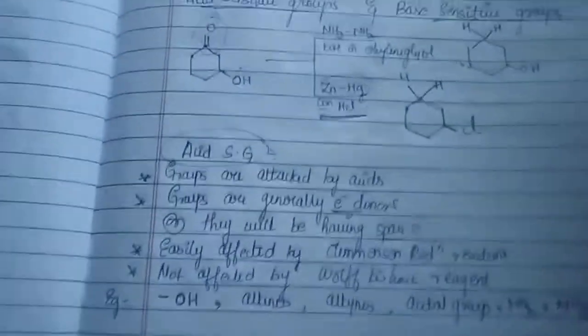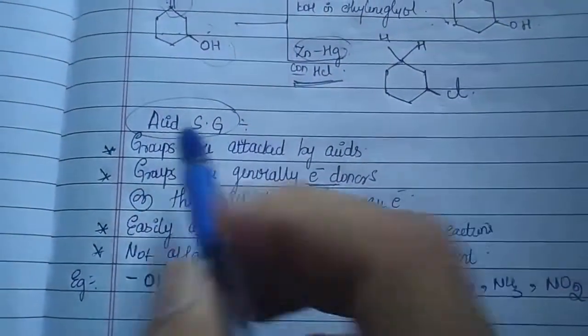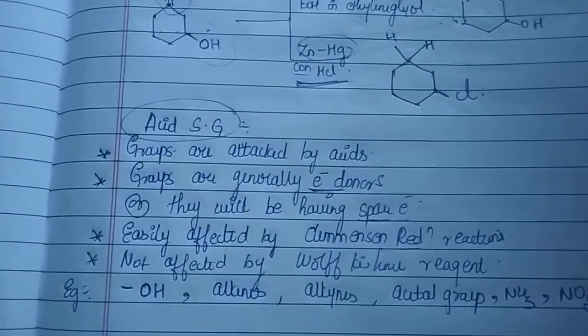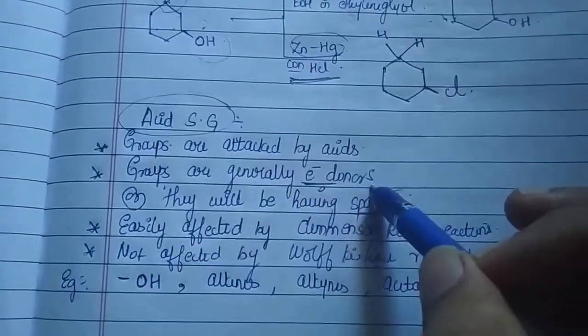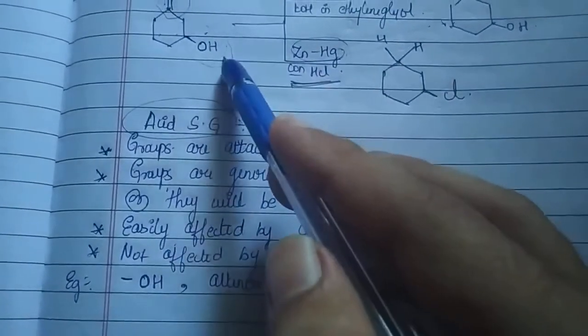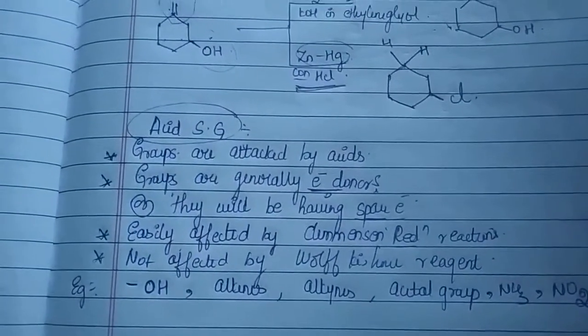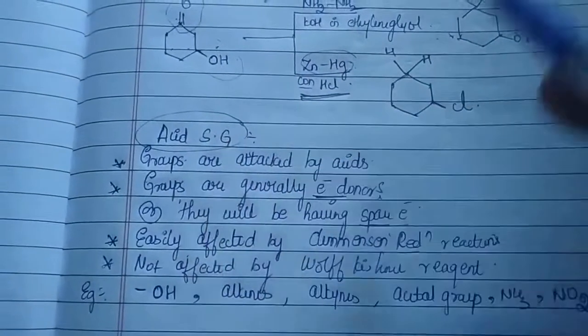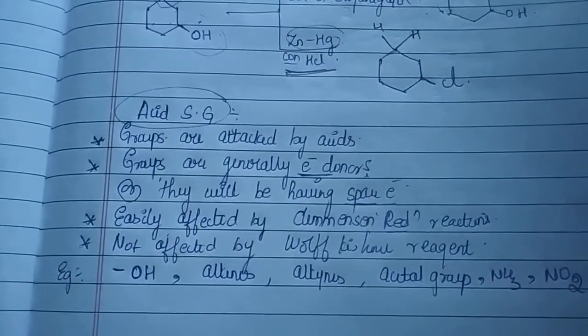So what we came to know is that acid sensitive groups are the groups which are easily attacked by the acids, which are having the electron donors, or they will be having the spare electrons. So if such groups are present and you are doing a Clemmensen reduction, of course those parts will also get reduced.